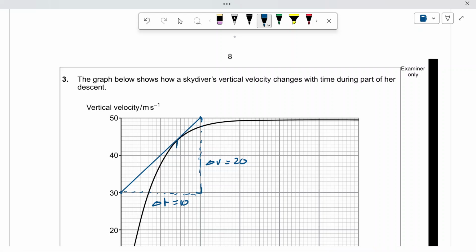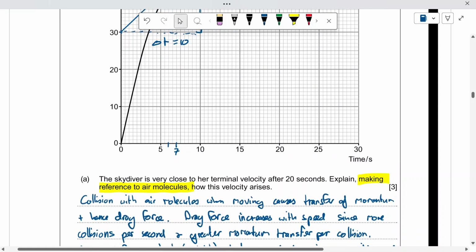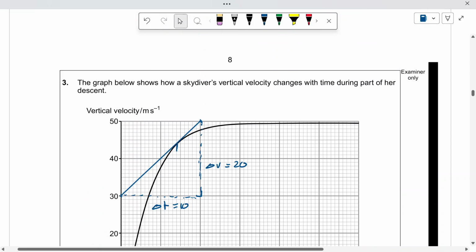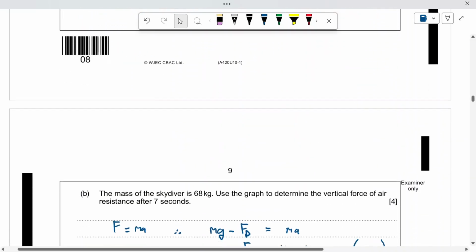It's easy to lose marks by simply not making it clear how you've used the graph. And obviously you could write words to suggest that we've found a tangent at that point, but I think it's generally quicker and easier to simply have a clear diagram on the actual graph itself to show what you've done.